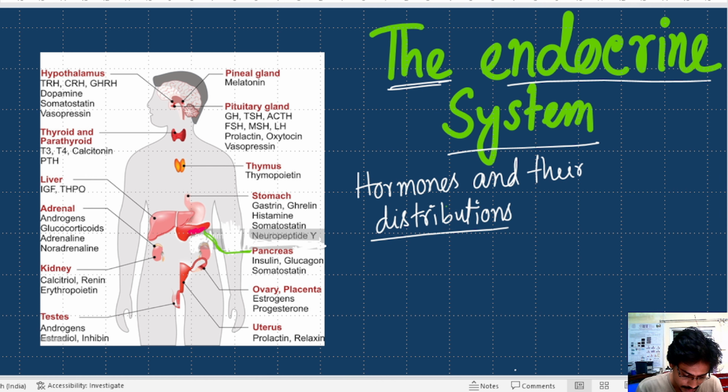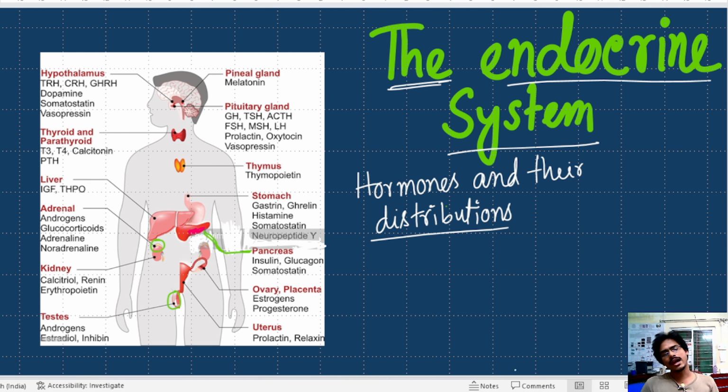Then you can see the kidney, and on top of the kidney the adrenal glands are there. If it is a male, the testes will be there, and if it is a female, then the ovary will be there, and the uterus. So these are the endocrine organs that can release hormones.